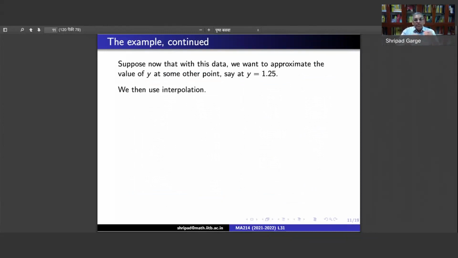We know this function is approximated at those points, and this is where we see the real need for interpolation. We don't know our function y, yet we want to compute the y value at 1.25, and what we know is that at various other points y is approximated by these quantities with very good accuracy, up to four digits after the decimal point.